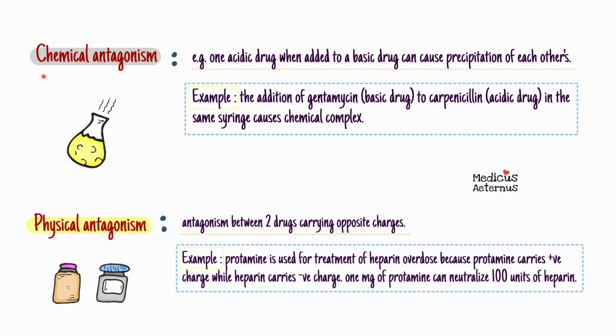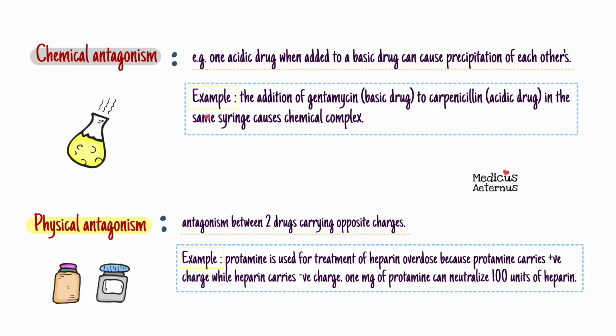One of these ways is chemical antagonism, and a chemical antagonism happens mainly because one drug is acidic and the other one is a basic drug. And as you already know from basic chemistry, when you combine an acid and an alkali or a base, they will neutralize each other and the effect will not be produced by either one of them.